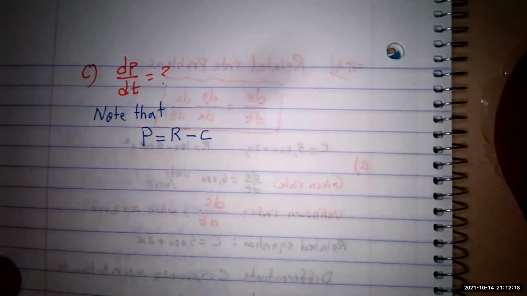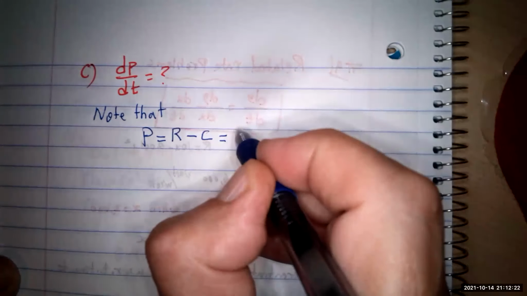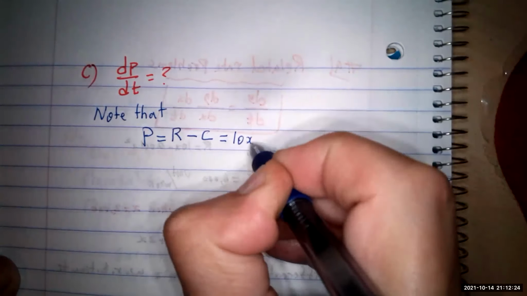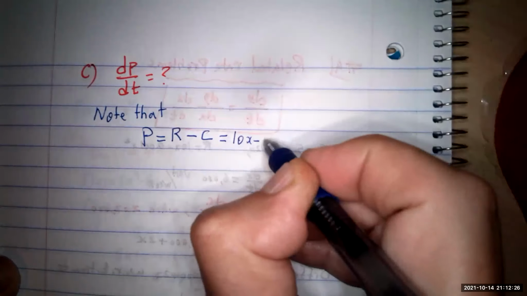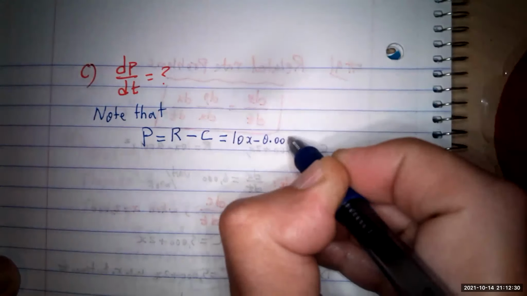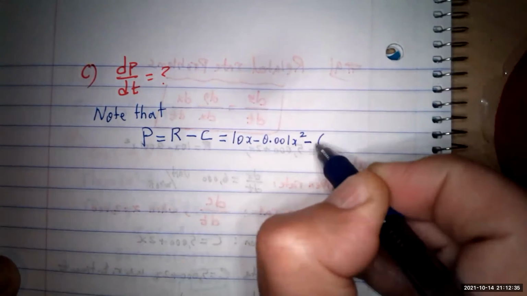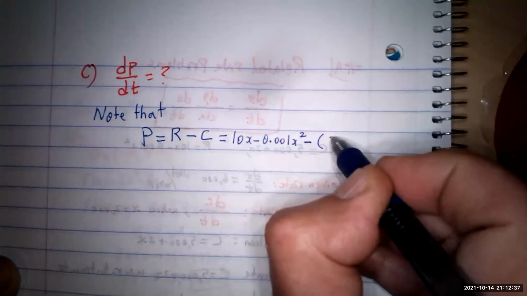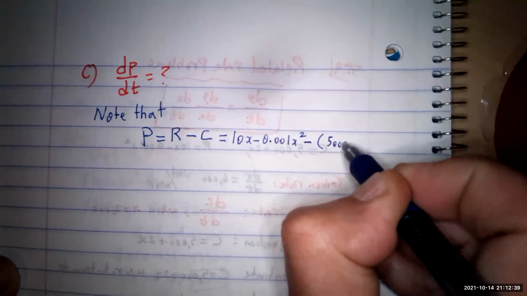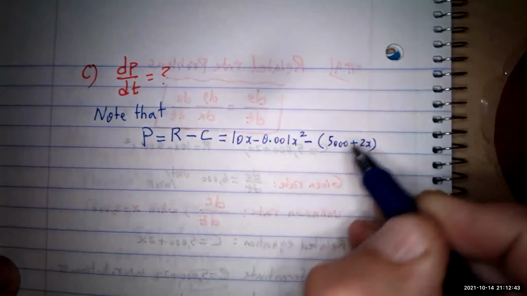Okay, so the difference between your revenue and your cost gives you your profit. So you have to substitute and simplify to get this number. It's going to be equal to R, the revenue function, 10x minus 0.001x squared. That's the revenue minus cost. Open up the parentheses. Make sure you don't miss the sign. It's going to be 5,000 plus 2x.